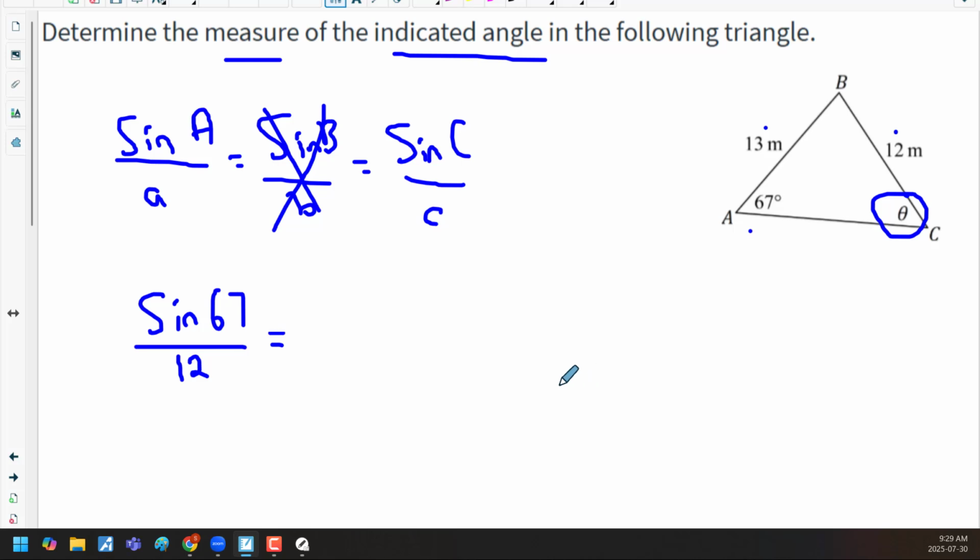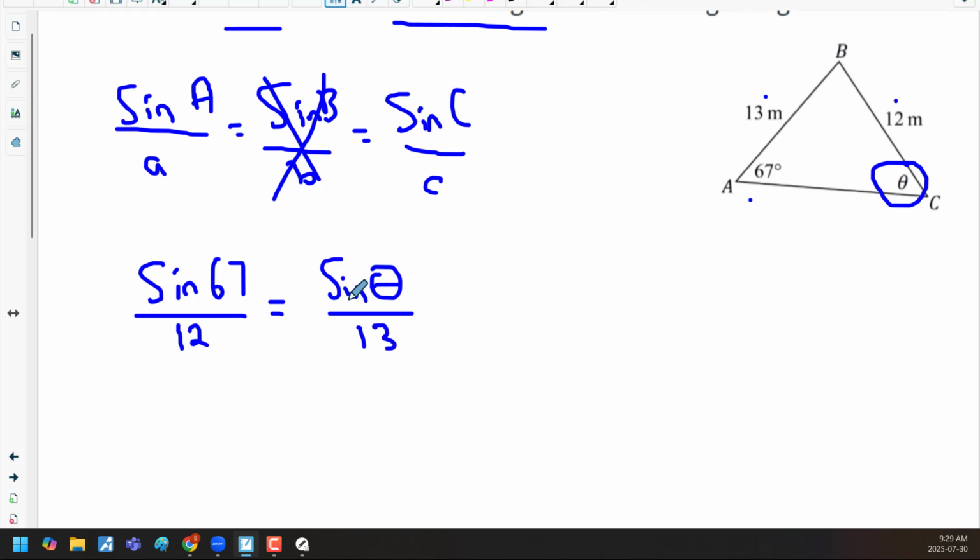We're not going to do this. We also don't have lowercase b either, so we know we're not going to use that one. Sine C, well, that's just theta. That's our unknown angle, kind of like our x value. And then we have 13, which is lowercase c. So now that we have our two fractions, automatically, what are you supposed to do? Crisscross.